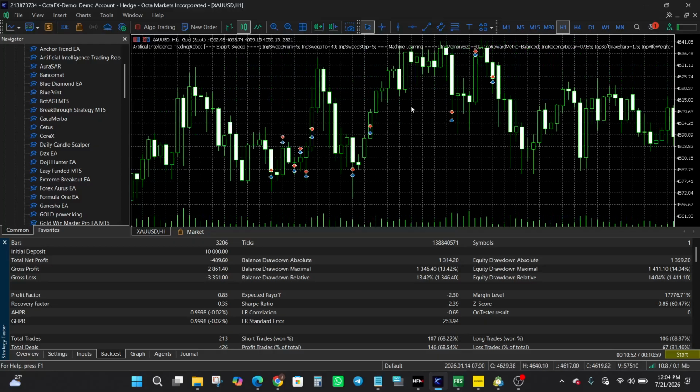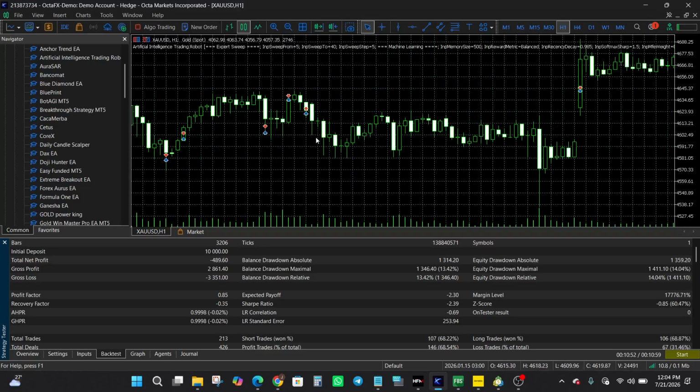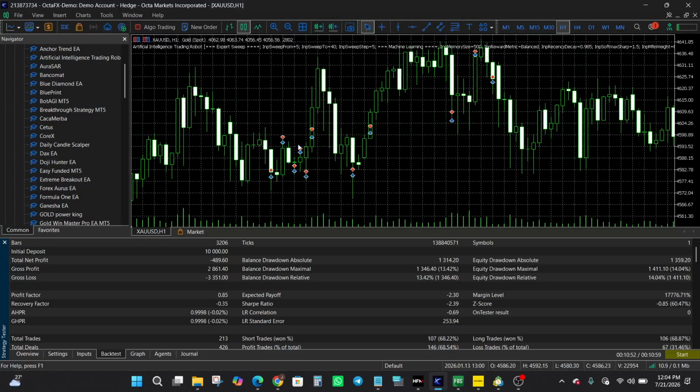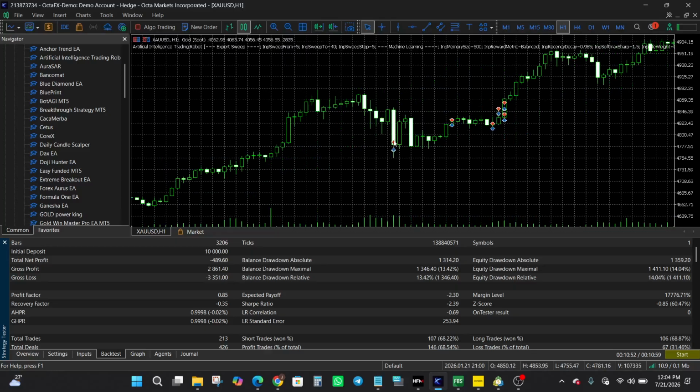You will see that most of the trades, if not all of them, are executed and closed within the same candle, and the distance between the entry and exit doesn't seem to be so much.